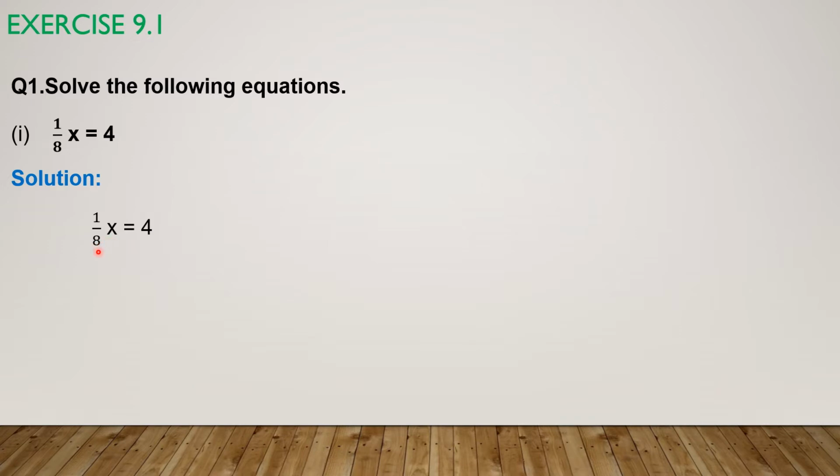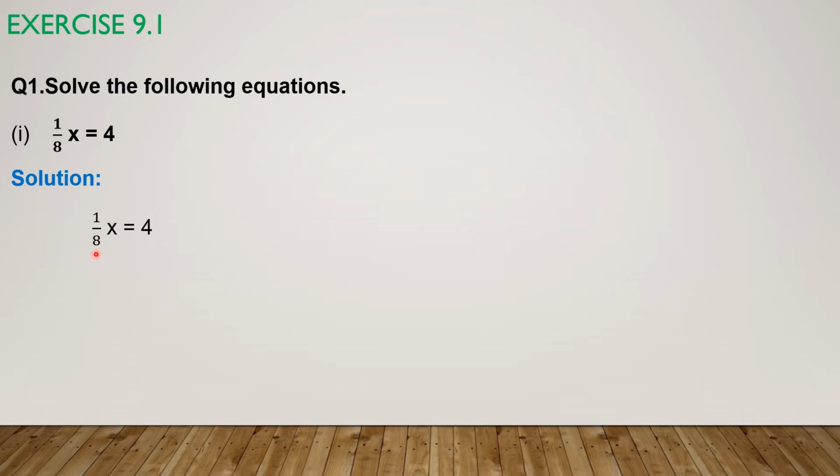Since 8 is divided over here, so when we move it on other side of equal sign, it will be multiplied. If 8 is multiplied over here, then on other side it will be divided. Similarly, if 8 is added over here, on other side it will be subtracted. If 8 is subtracted over here, on the other hand side it will be added.